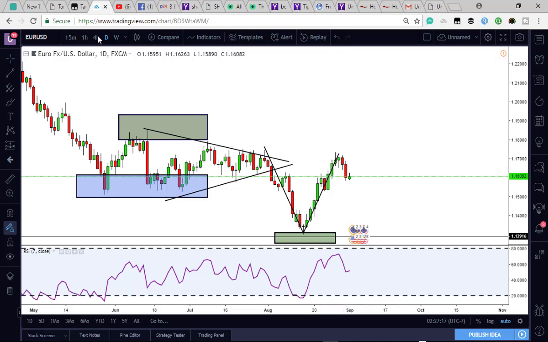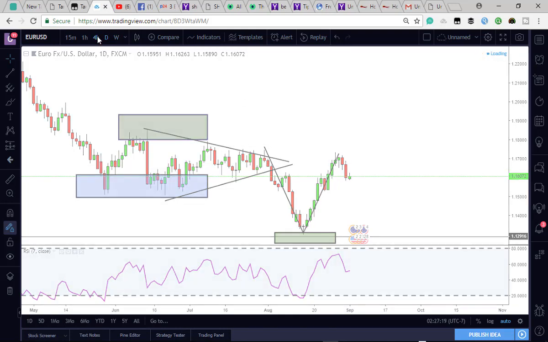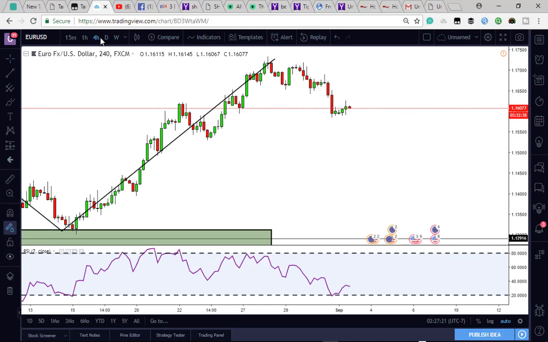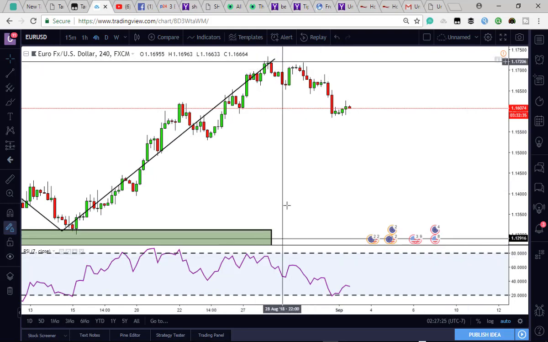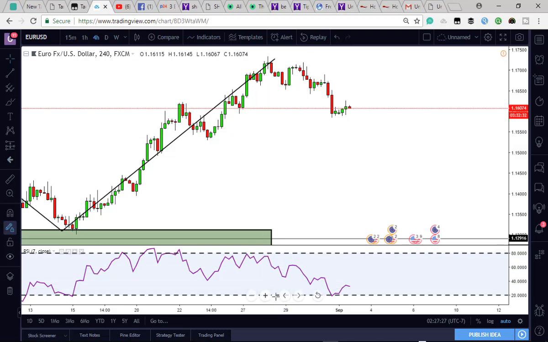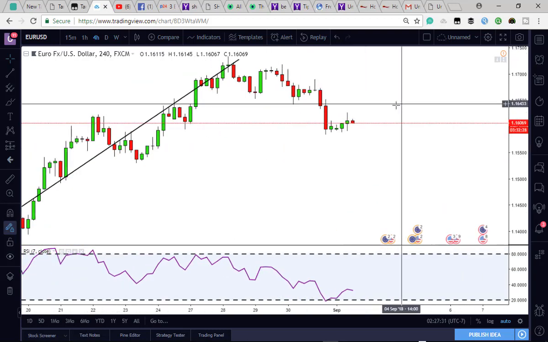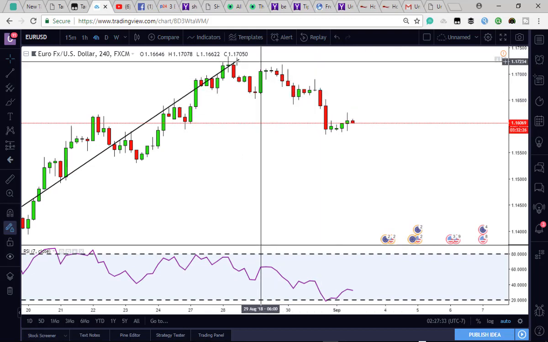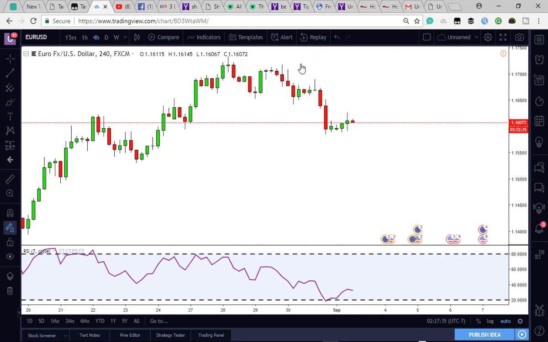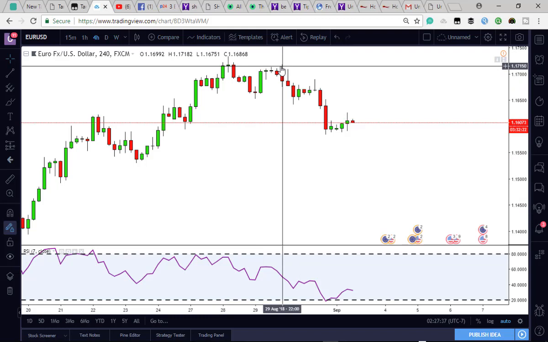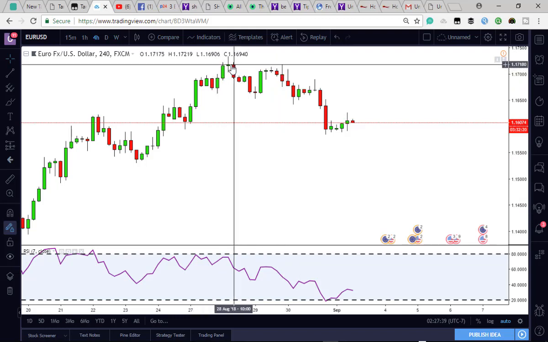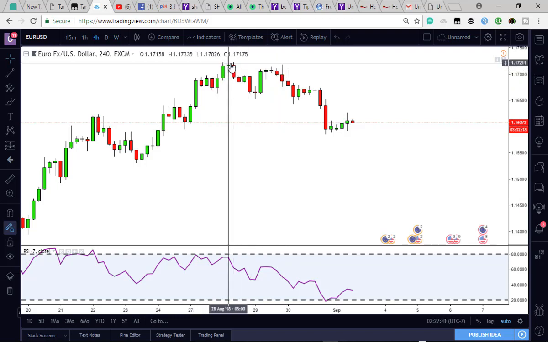Now, switching to the 4 hours. As you can see, price action formed a double top at this level. Let me zoom in to make it clear. If you look closely, the wick of this candle managed to touch the close of this upper candle, giving us a valid double top.